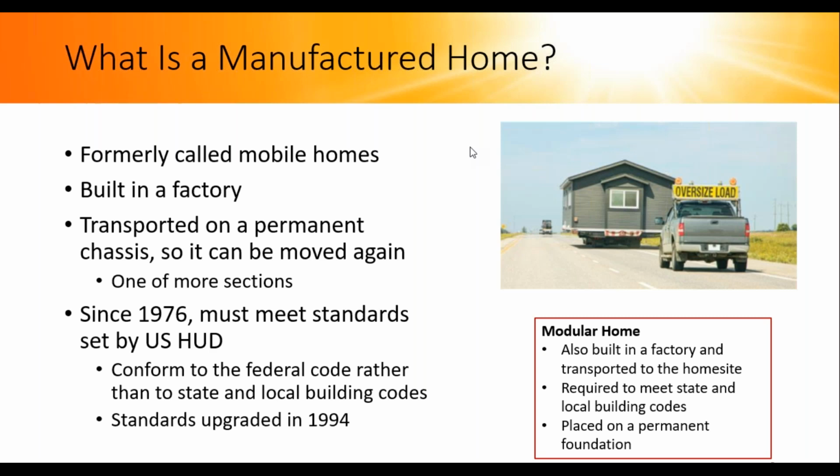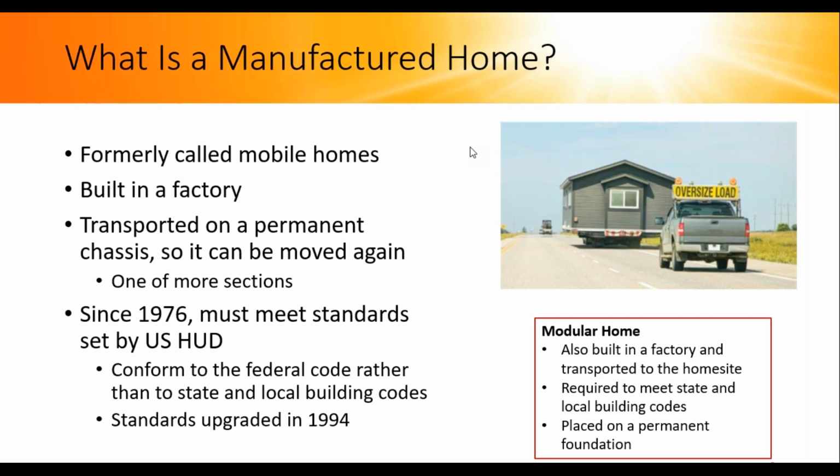Since 1976, all the manufactured homes that are produced have to meet the standards that are set by the U.S. Department of Housing and Urban Development. And unlike a home that's built on site, these homes have to conform to that federal code, and they don't necessarily need to conform to the state and local building codes.